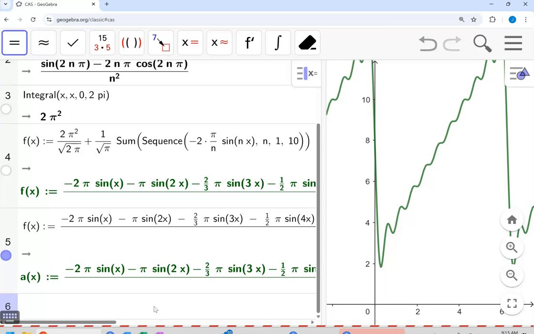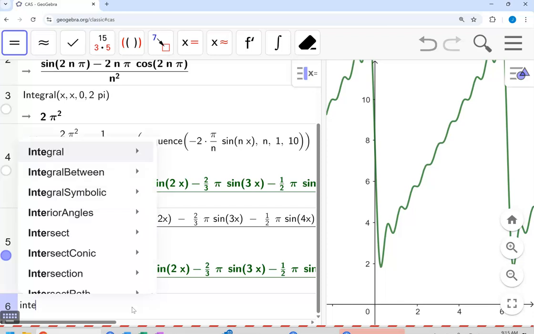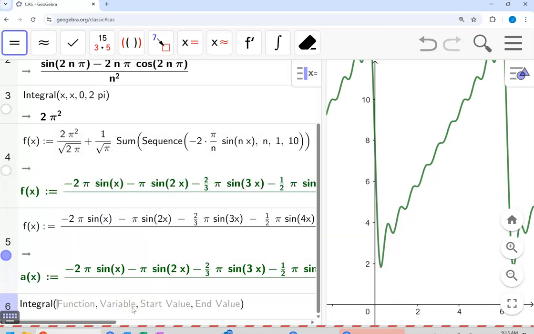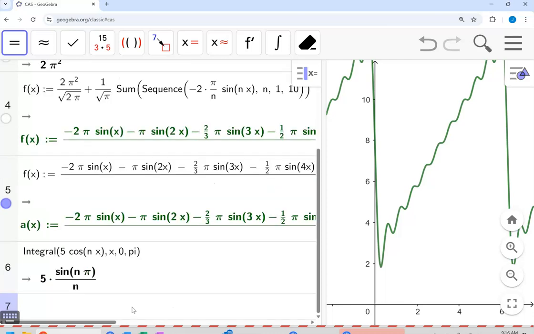So if I do the first one here and do integral of 5 times cosine of nx, variable is x, and I want to go from 0 to pi. What's that always going to equal? That one's always 0, isn't it? Okay.